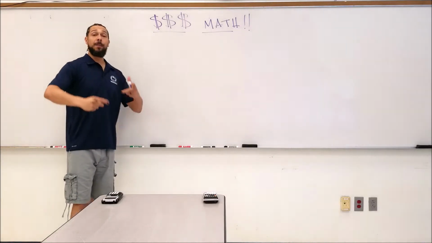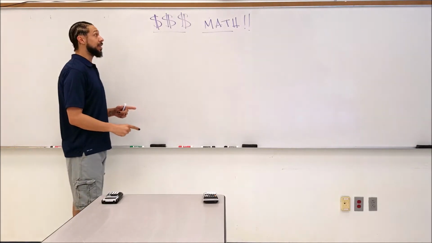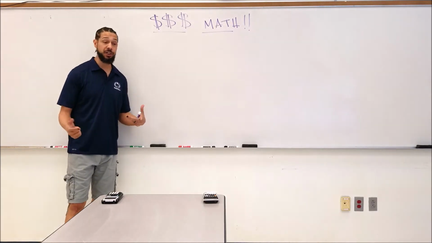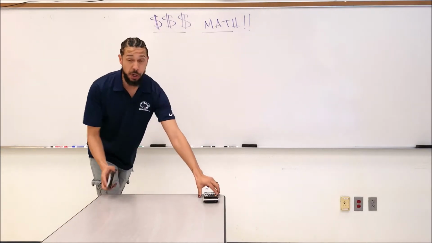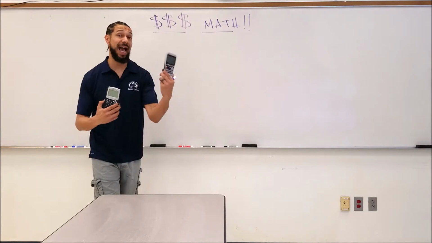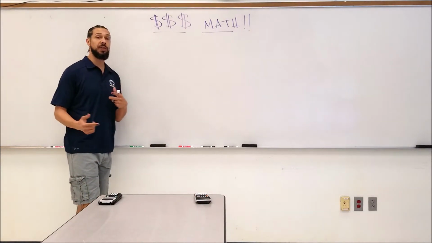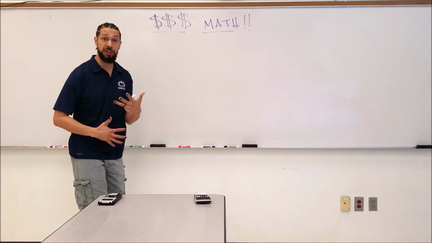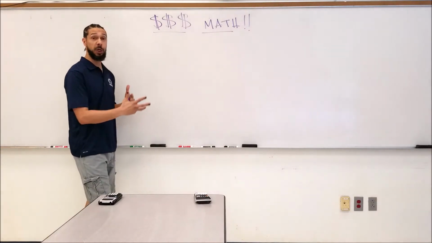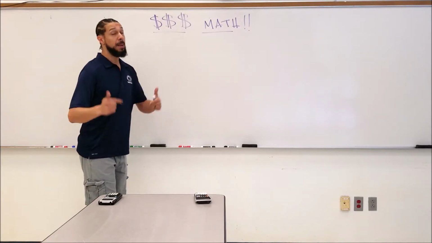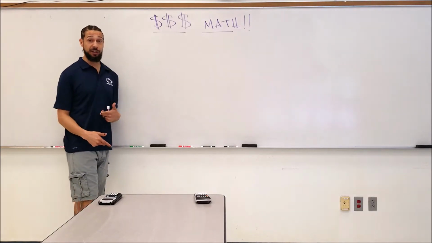So, this video is specifically geared towards doing these money calculations using a graphic calculator. We have TIs and we have Casios. This video will show you how to do both. Now, if you're more interested in the formulas and the number crunching and all of the work that goes into these types of problems, there is a video for that. But this video is specifically for the calculators.